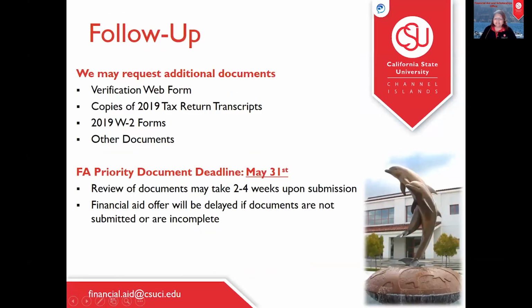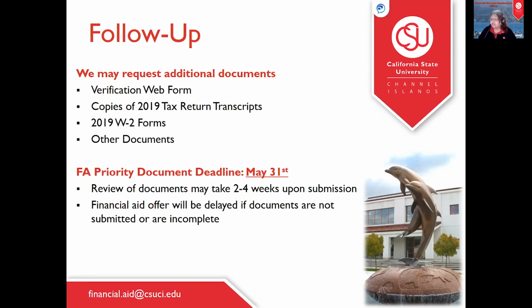Okay, once the application is received by our office, you may receive an email notification requesting additional information from you. And know that not all students are going to need to submit additional information. Some of the information that we may be requesting are the verification web form that you'll need to complete online, possibly the copies of your 2019 tax return transcripts, the 2019 W-2 forms, other documents.